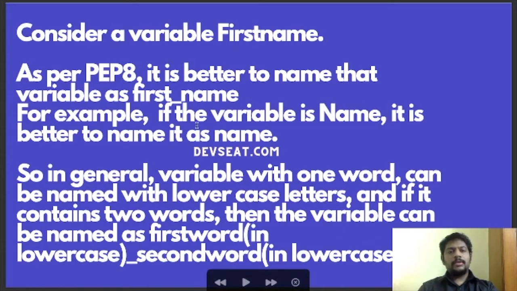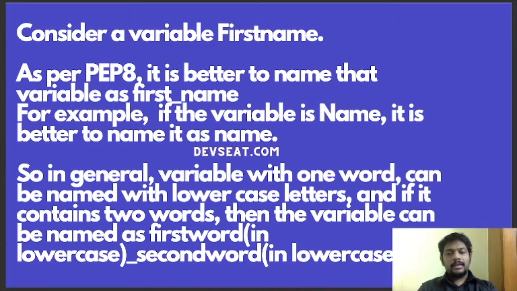Let us say your variable has only one word, then you can just name it in small case. Instead of naming it with a capital NAME, you can name it in small case. In general, if you have a variable with one word, you can mention it in lowercase letters.